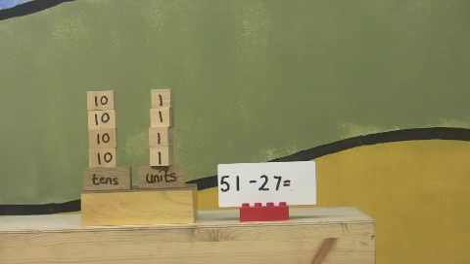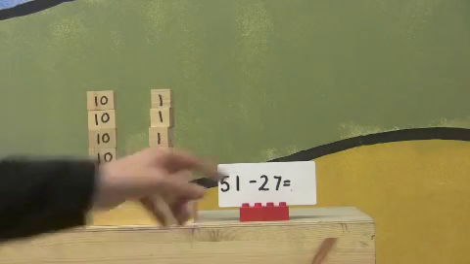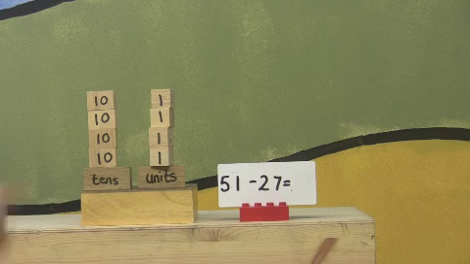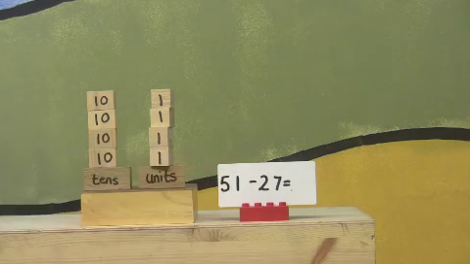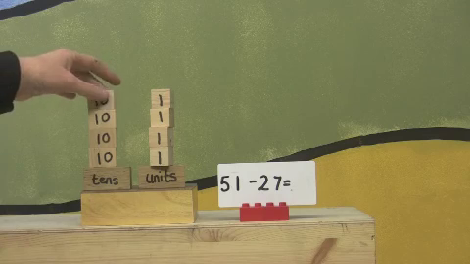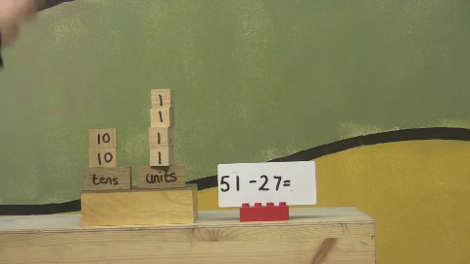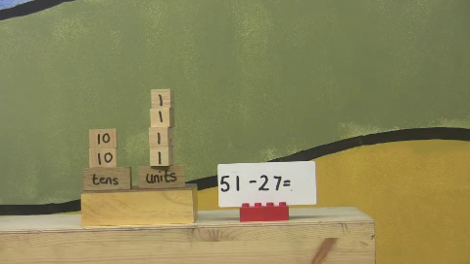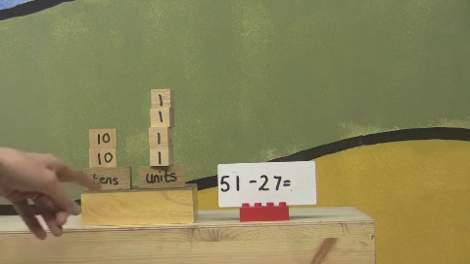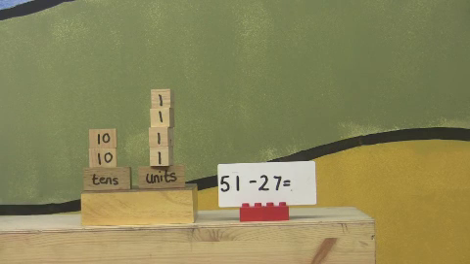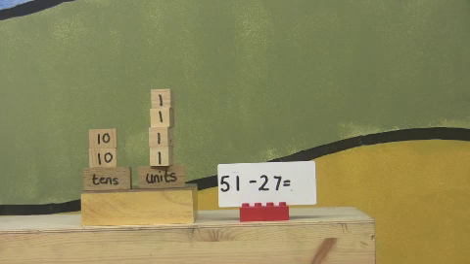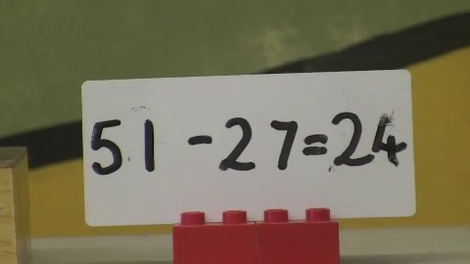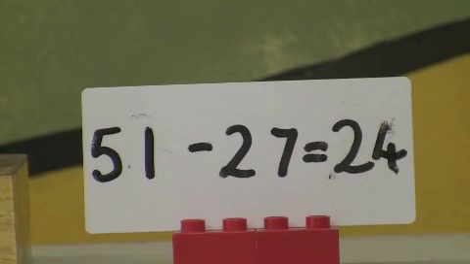Over to the tens. I did have 5 tens, but I've used 1, so now I've got 4. 4 take away 2 is 2. And I'm left with 2 tens and 4 units, 24. 51 take away 27 is 24.